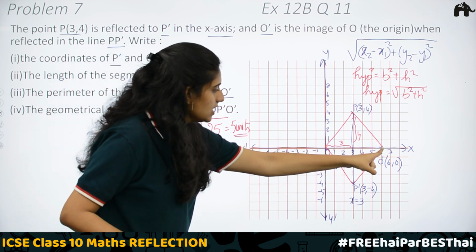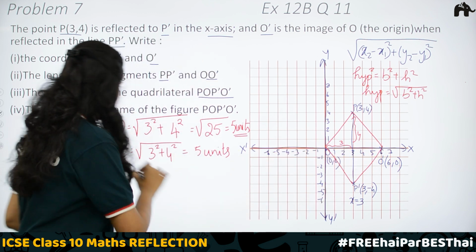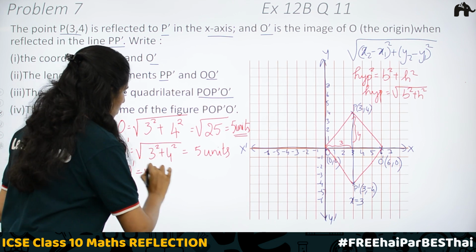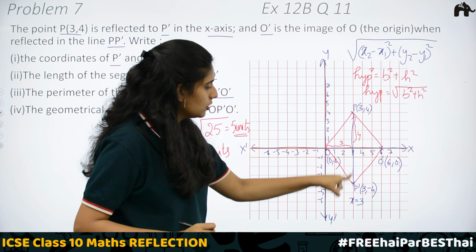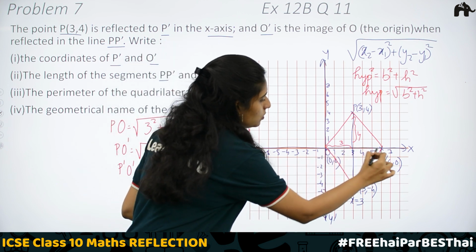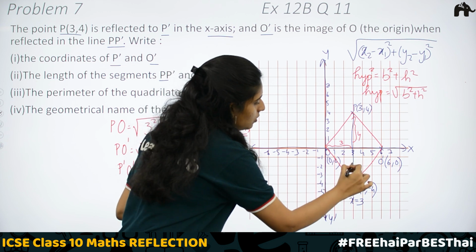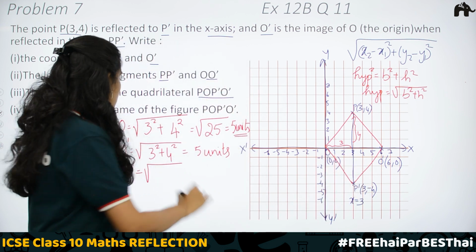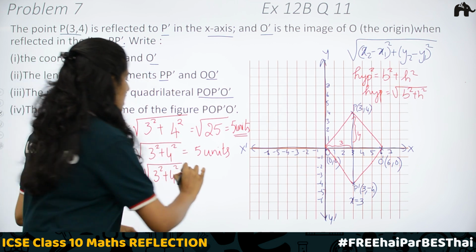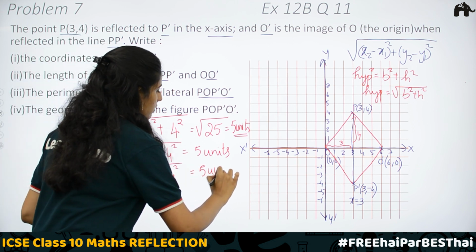Next let us find O'P'. P'O' is equal to root of. Here for this triangle we have base 1, 2, 3 units and height 1, 2, 3, 4 units. We'll again get 3 square plus 4 square, base square plus height square. That is also equal to 5 units.